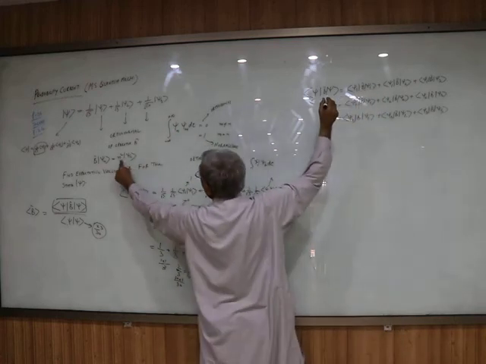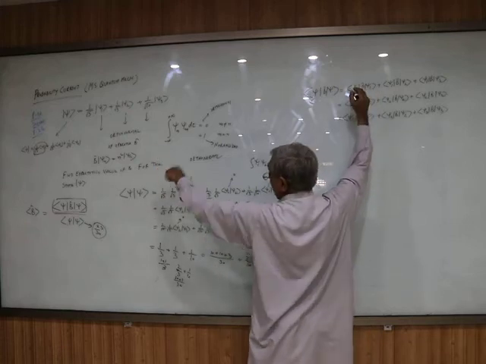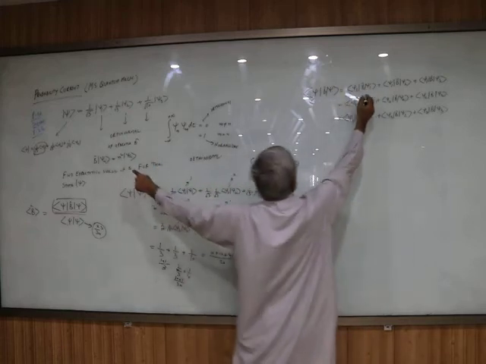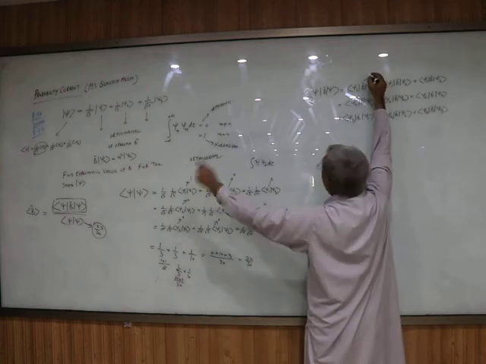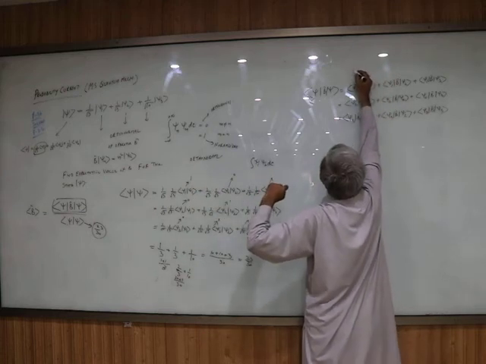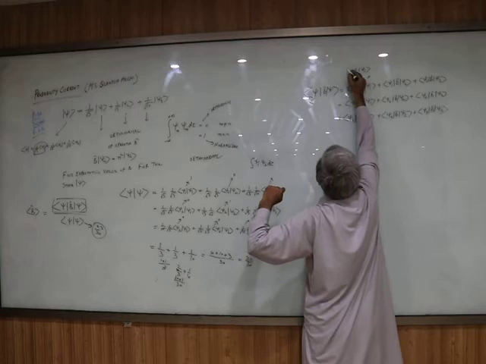what I will get here, n is 1, so this operator operates on this by that equation, and you will get psi 1 and 1.